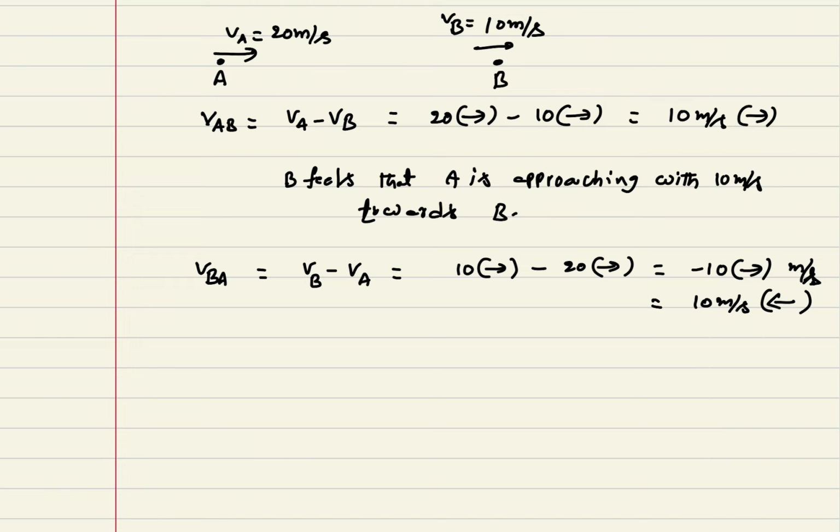Now observe carefully the velocity of B with respect to A. B with respect to A feels that B is moving with what speed? 10 meter per second towards this.